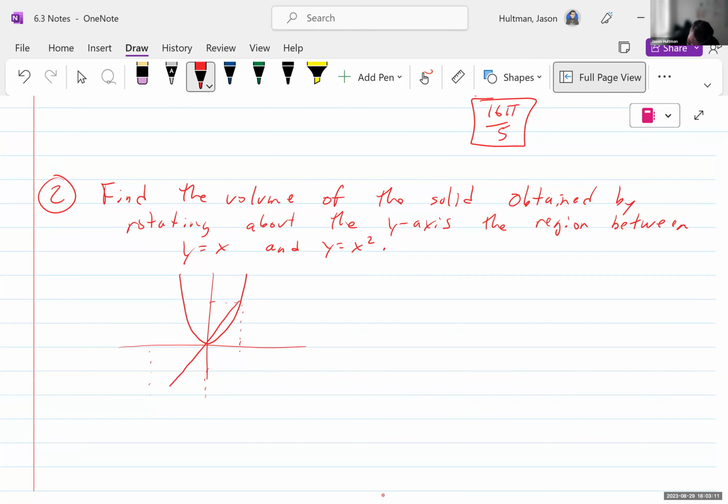So we get this region here, and we want to take this and rotate it around with respect to the y-axis.